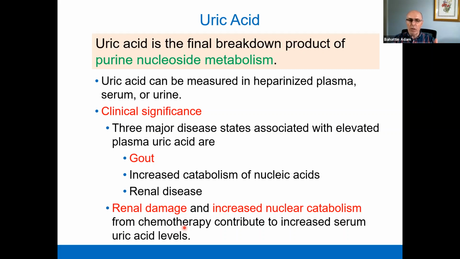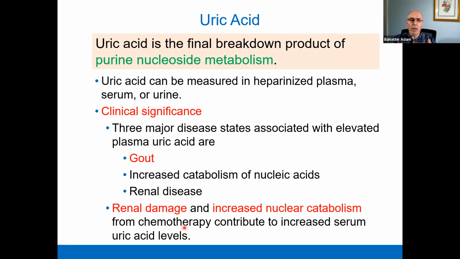These are increased catabolism of the nucleic acids, in cancer patients, in patients with chemotherapy, and renal disease. If you measure high levels of uric acid, these conditions most probably may be the causes of hyperuricemia.